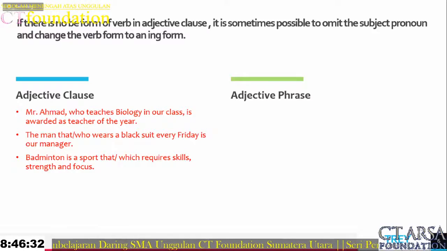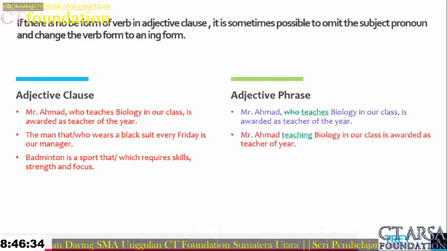Very good, that's correct. So it becomes like this: Mr. Ahmad, who teaches, we drop who, take it out, and then teach we turn into the ing form. So it becomes Mr. Ahmad teaching biology in our class is awarded as teacher of the year.